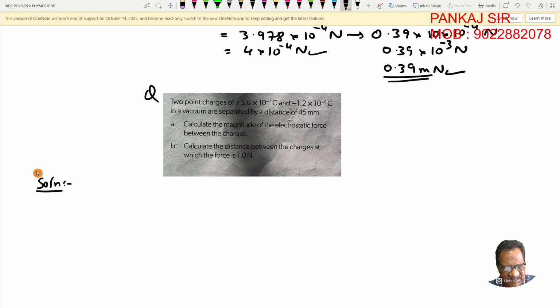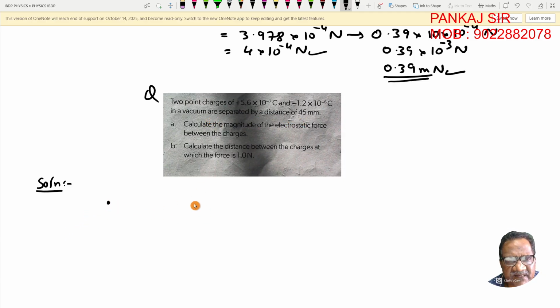Now this question says that there are 2 point charges of values plus 5.6 into 10 is to minus 7 and minus 1.2 into 10 is to minus 6 coulombs in vacuum, and they are separated by a distance 45 millimeter.